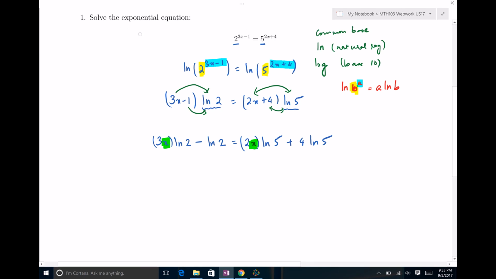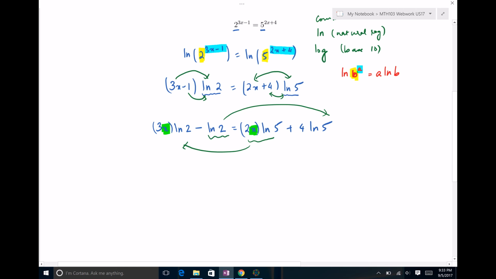So what I'm going to do is take the constant terms over to the same side, and bring the non-constant term over to this side. In order to do that, I'm going to do exactly what I do to solve a linear equation. To take negative natural log of 2 to the other side, I'm going to add natural log of 2 to both sides of the equation.